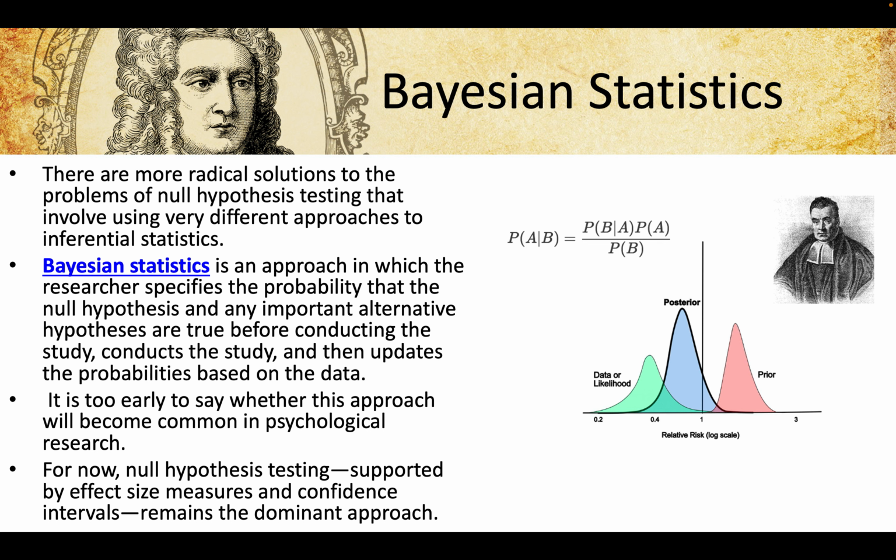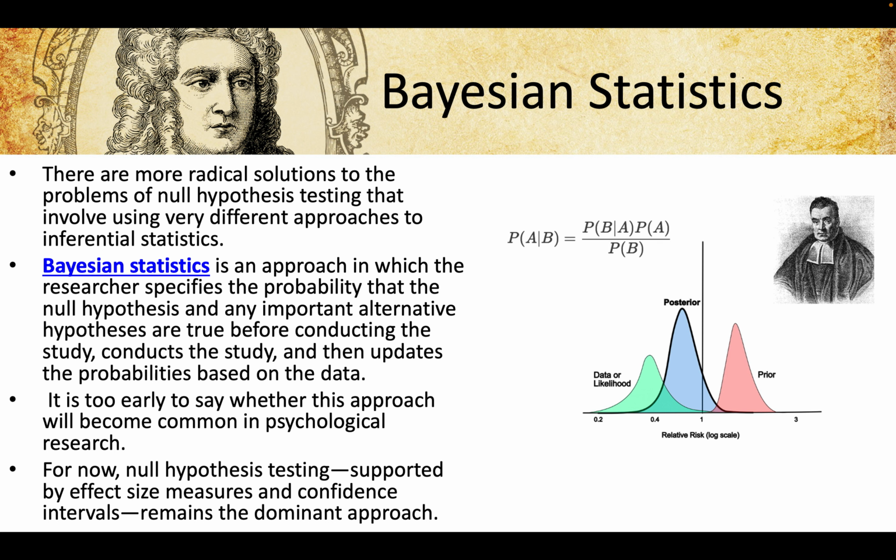There are more radical solutions to the problems of null hypothesis testing that involve using very different approaches to inferential statistics. Bayesian statistics is an approach in which the researcher specifies the probability that the null hypothesis and any important alternative hypothesis are true before conducting the study, conducts the study, and then updates the probabilities based on the data.